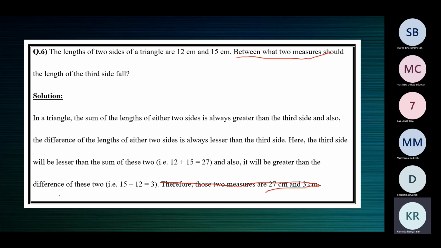Between means 3 and 27 will not come. When we say between, 3 is not included, 27 also not included. So that means it should be greater than 3, but less than 27. Yes, ma'am, noted.